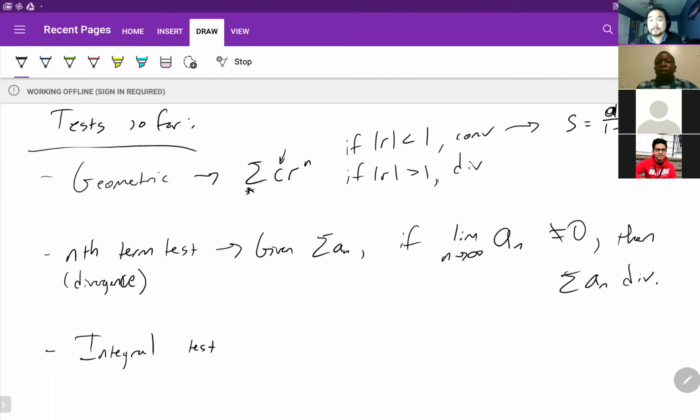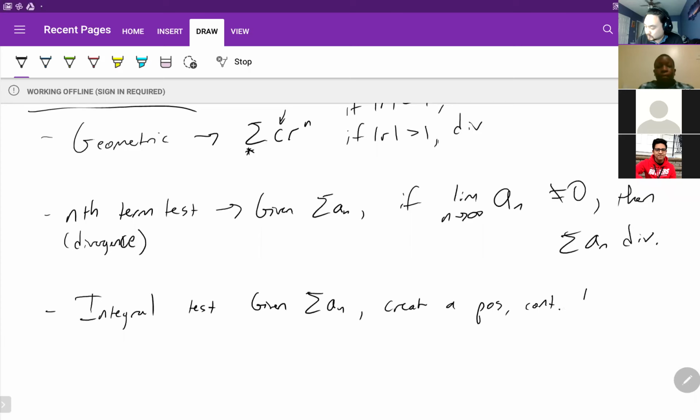So given this series, create a positive, continuous, decreasing f of n. If the integral of that function, I guess I'll use dm. This is kind of weird. I'm shorthanding everything. I hope you guys understand everything. Just let me know if you don't understand something.